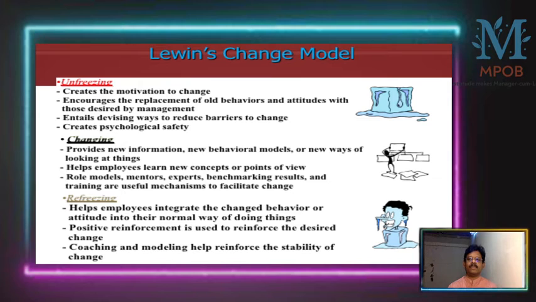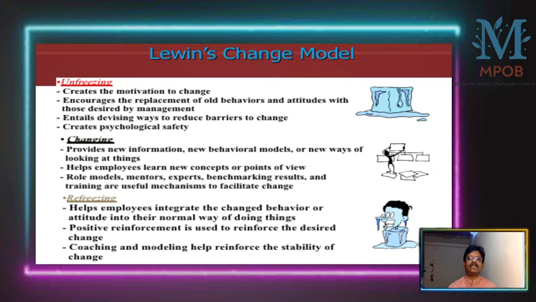The change process or change model is proposed by Kurt Lewin. The Kurt Lewin change model, right? So there are three stages in bringing the change. First of all, one has to follow the unfreezing stage, right? Unfreezing is the first stage in bringing the change in the organizations.